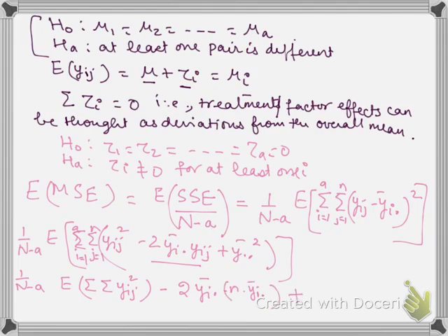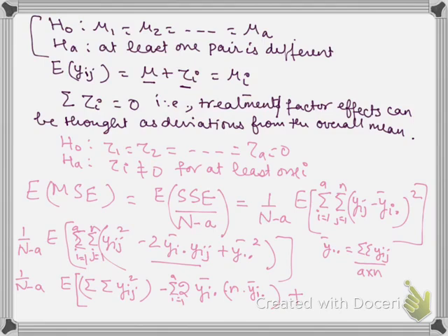Plus, i goes from 1 to a, so I'm just running the summation over j, and then this one would be y bar dot dot squared, where y bar dot dot is the double summation of yij over a times n.